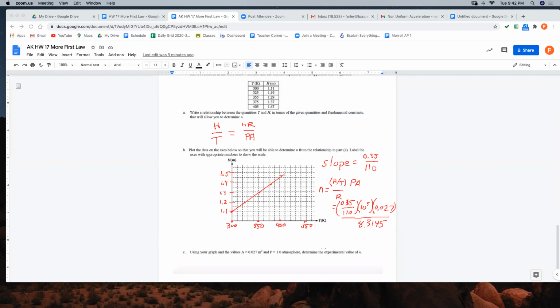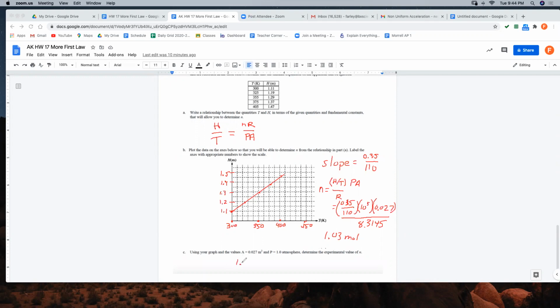All right, time to get out the old calculator. Actually, I'll pause it so you don't have to wait for me to calculate. All right, so I get N is equal to about 1.03 moles.